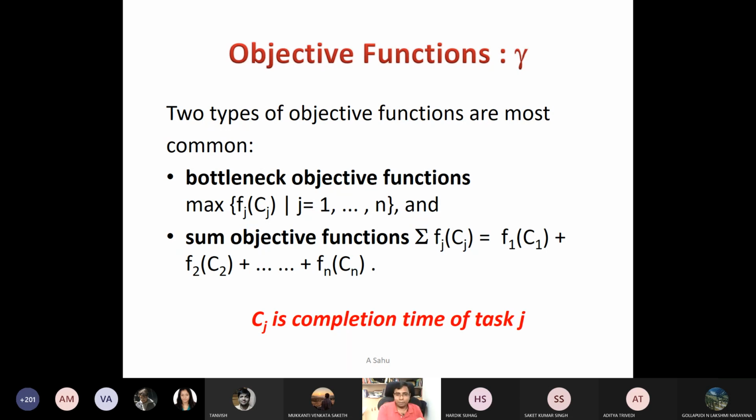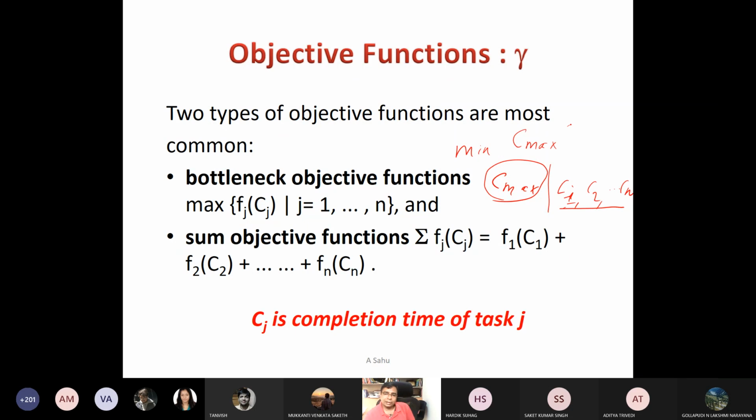Suppose we want to minimize the completion time, the overall execution time. Suppose I am saying Cmax. Suppose the completion times of all tasks are C1, C2 up to Cn, and you take the maximum of the completion times, and we want to minimize this value, minimize Cmax.